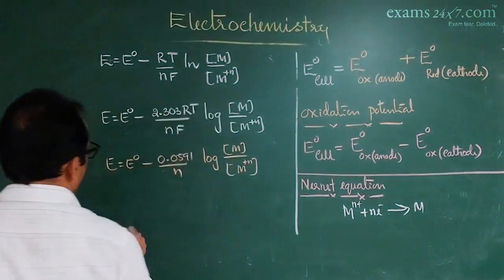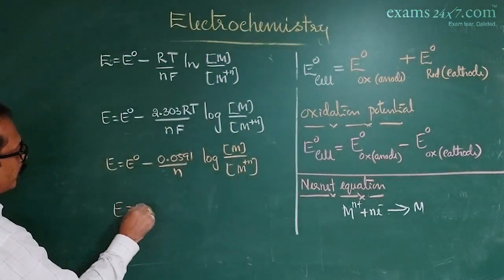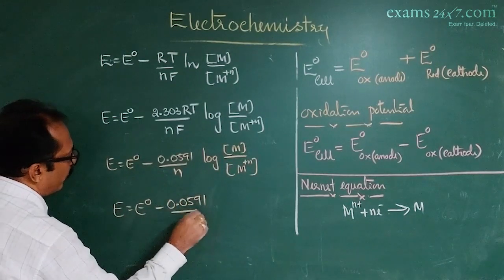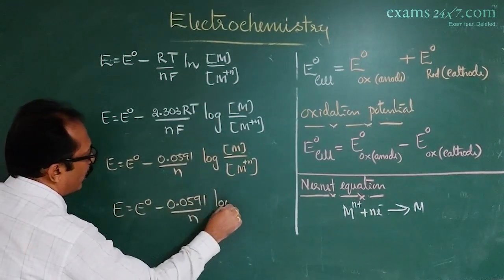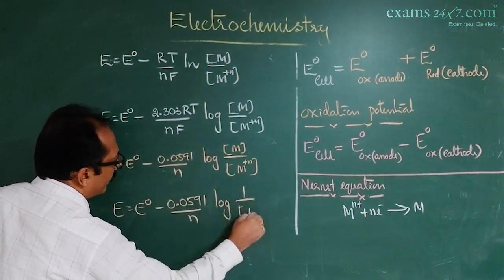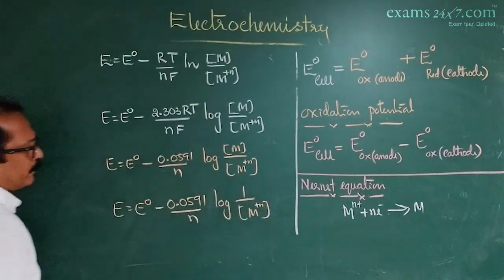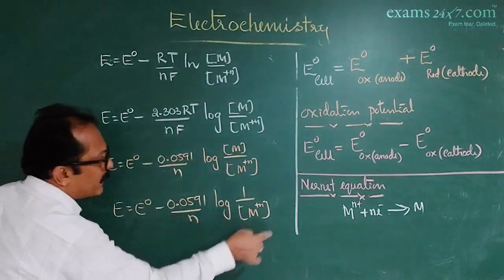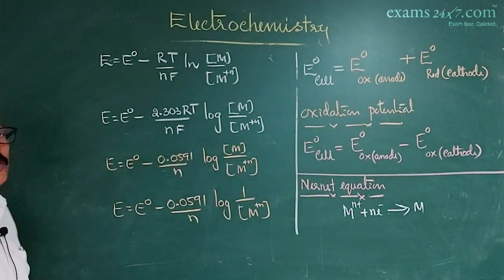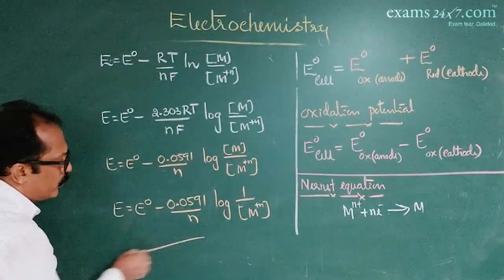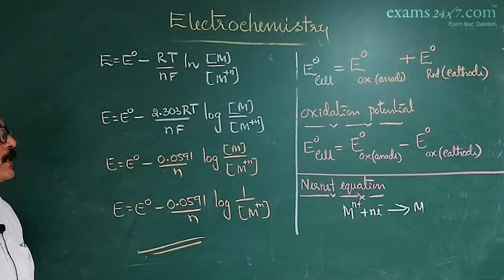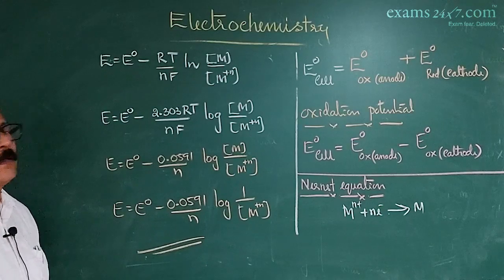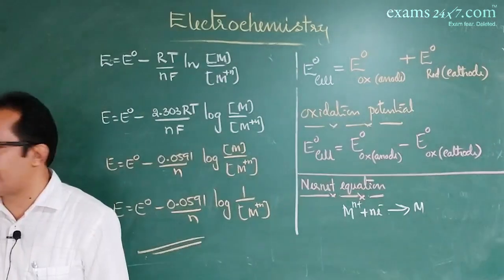So the same equation can be written as E equals E naught minus 0.059 divided by n log of 1 by concentration of metal ion. If you write plus, then the concentration of metal ion comes to the numerator. So this is the simple Nernst expression for the metal-metal ion reaction.